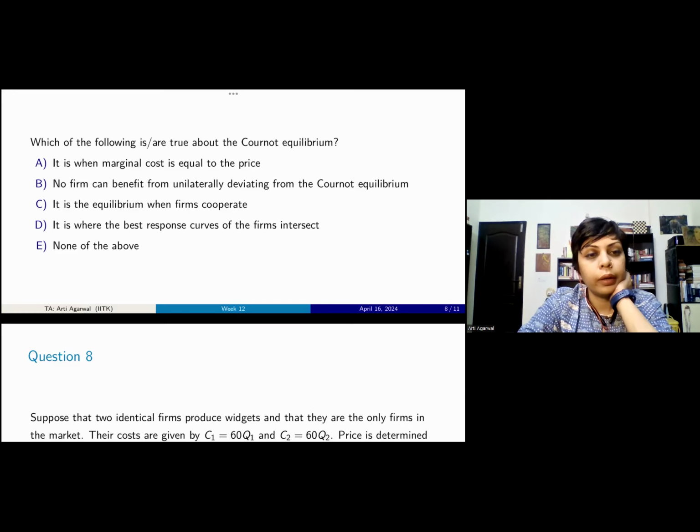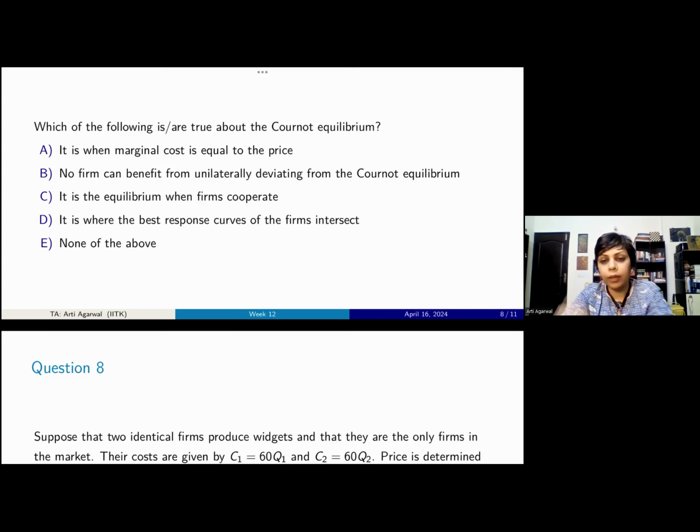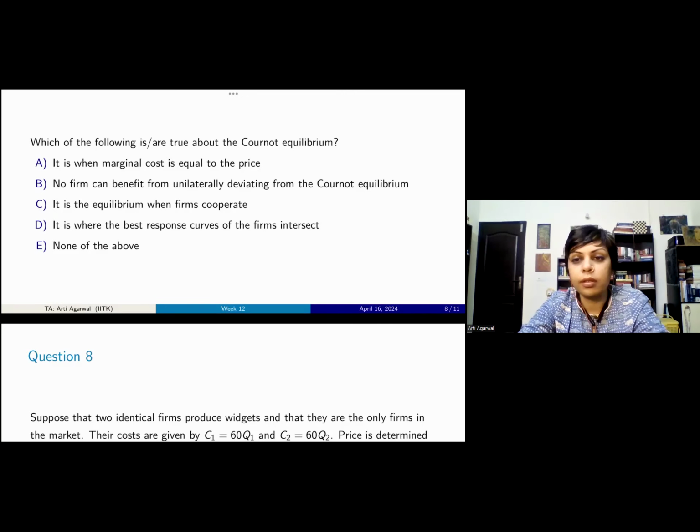It is where the best response curves of the firms intersect. Yes, that is exactly how you calculate the Cournot responses and the final equilibrium values. All of this is directly taken from your lectures. This is all discussed in the lecture videos, but I'm not sure why you guys didn't get it.